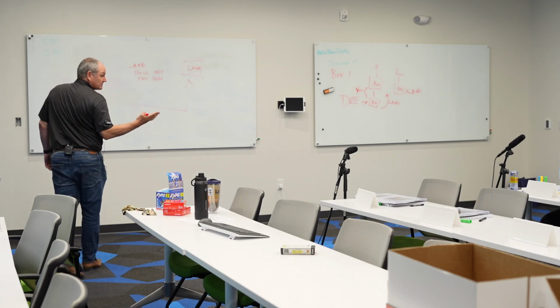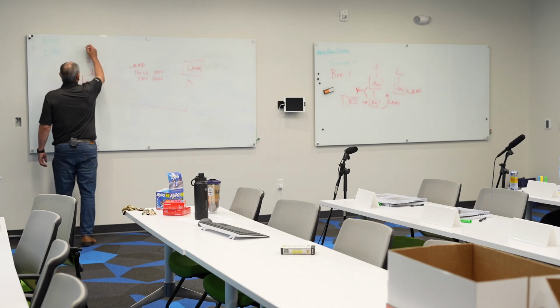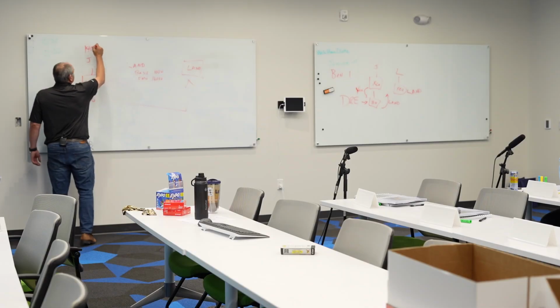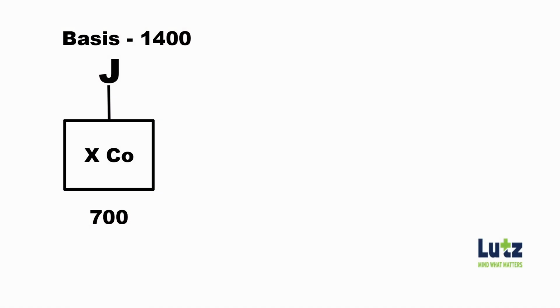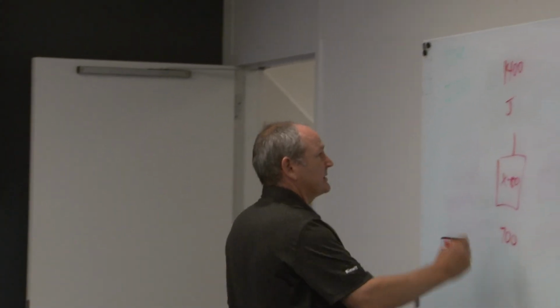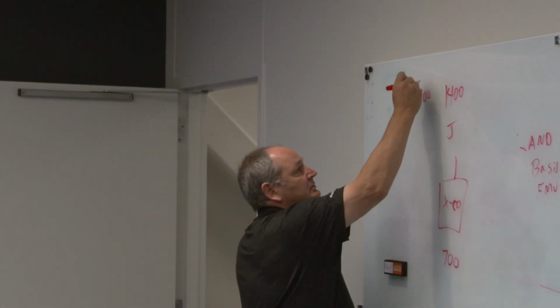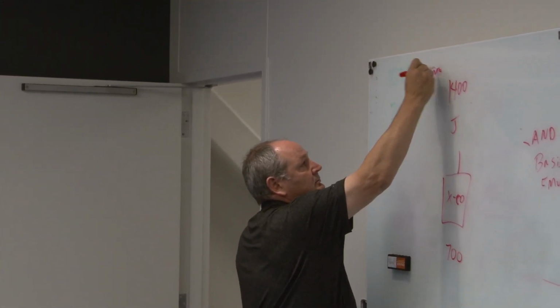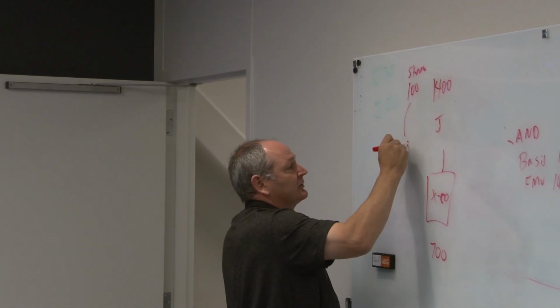Well, what if I have basis on the outside of 1,400? And how do you define a corporate redemption, Jack? Business buying back their stock. So what happens if Jack says, I have 100 shares, and I'm going to sell back 50 of those shares.